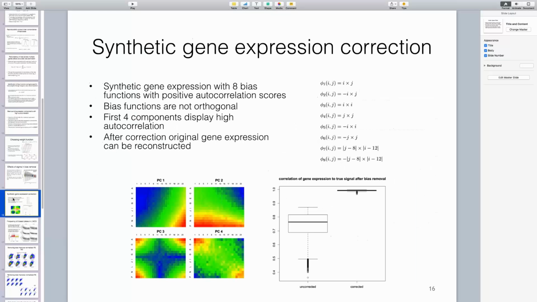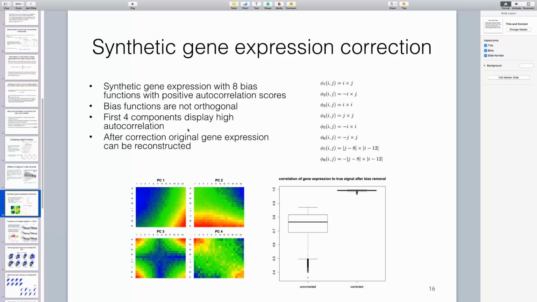Okay. So I just want to show how this works on artificial data first, because this is easy to visualize. We generate a random matrix of 384 columns and 1,000 rows, and the data is just normally distributed.